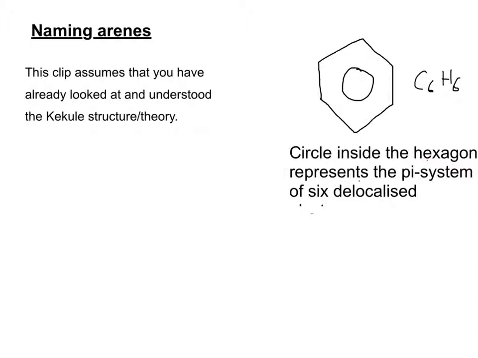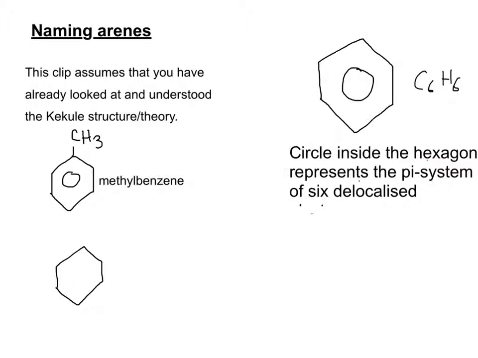So what would happen if you had a benzene ring where you added something like a methyl group to it, like this? This would now become methyl benzene. So no surprises there, of course. What would now happen if you had a benzene ring with an ethyl group, like this?